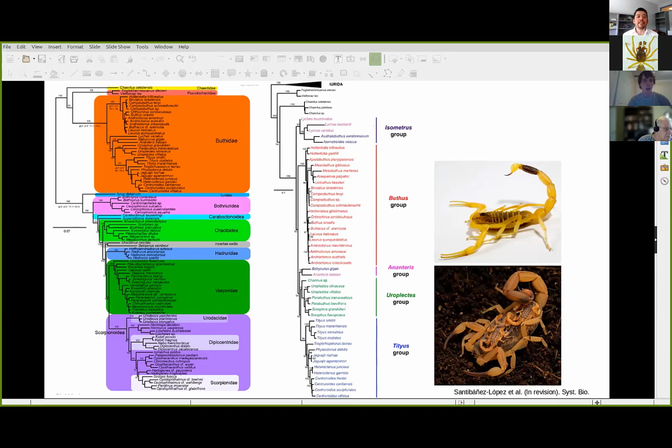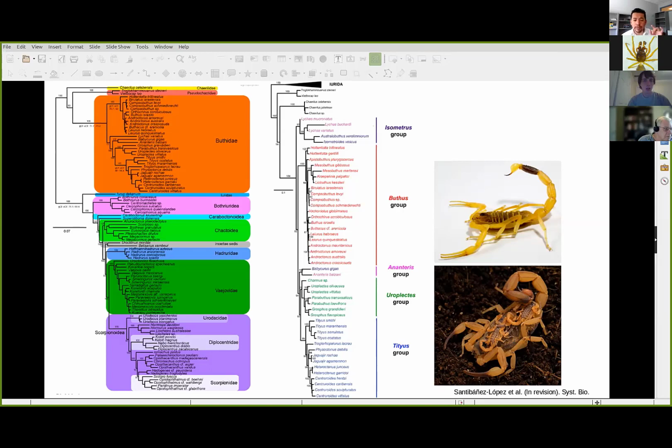So this is the topology, and what is interesting to note here is that in 2006, Fet and collaborators presented a cladistic analysis using trichobothrial characters, and here we were able to recover that topology with some minor differences, especially in the compositions of some of these groups.